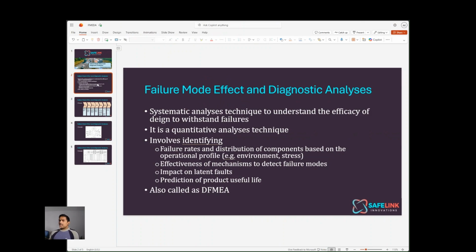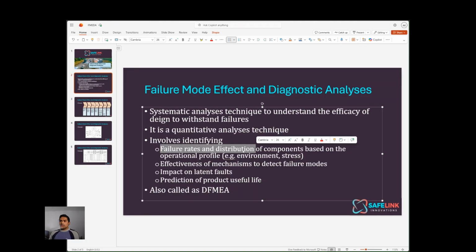So the basic idea is it involves identifying all the components of a product, identifying failure rates and their distribution based on, let's say, environmental conditions, stress, etc. Identifying safety mechanisms that can prevent certain failure modes, identifying how effective these mechanisms are to detect failure modes.